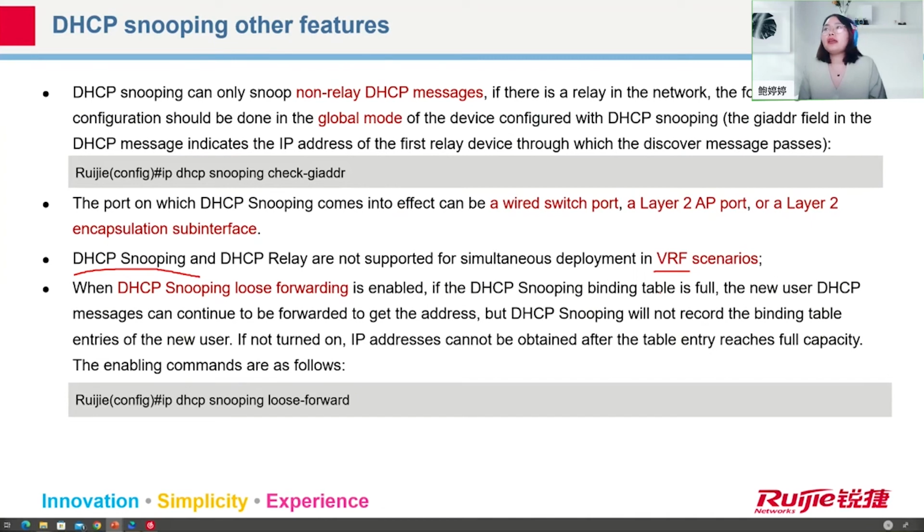If the information is the same, I will continue to forward. Otherwise, I will discard. But pay attention, the table also has an entry limit. For example, we only allow 500 entries in the snooping table. Then if there are more than 500 clients, that means your table is full.